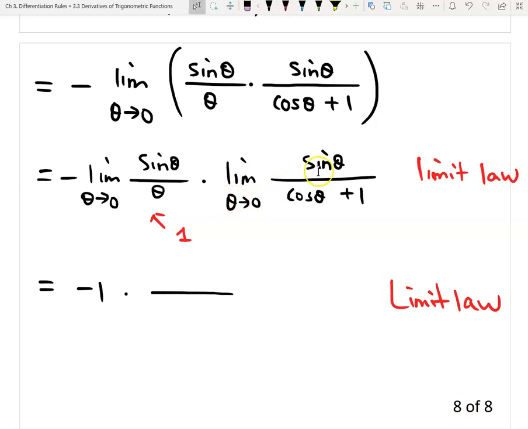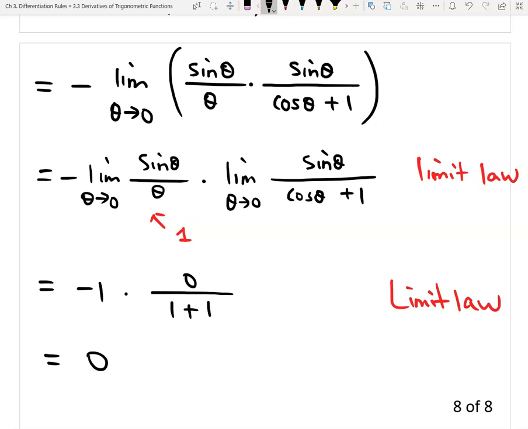Or we can directly substitute. Sine 0 is 0. Cosine 0 is 1. Therefore, I plug in. What do we have? Here is 0. Here is 1 plus 1. You know what the result is? Negative 1 times 0 is 0, right?